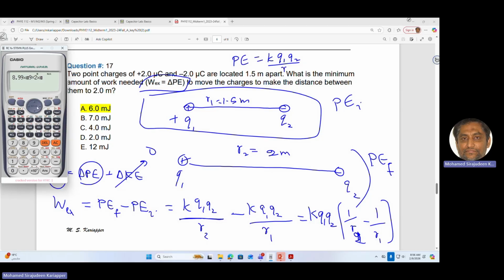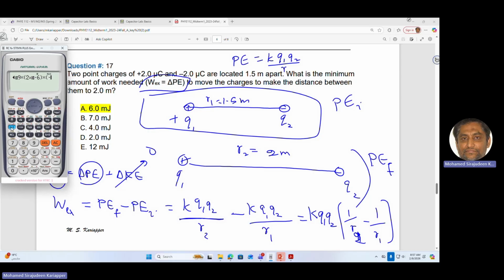Let me put a bracket also just to make things clear. Because this doesn't have a negative sign, but I want to make it more systematic. 2 exponent minus 6, close the bracket, multiply, that is Q1. Now Q2 really needs the bracket because of the negative sign.